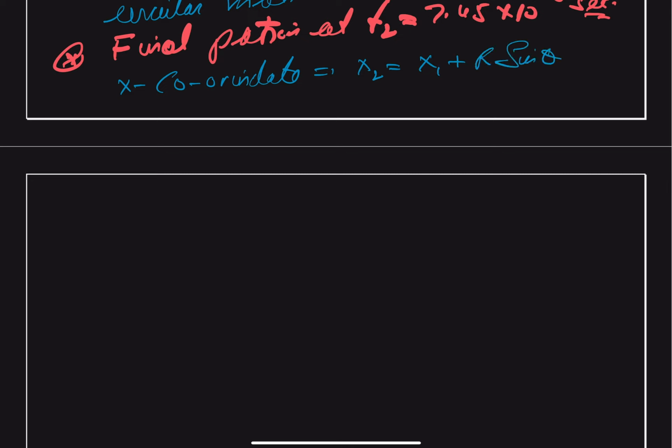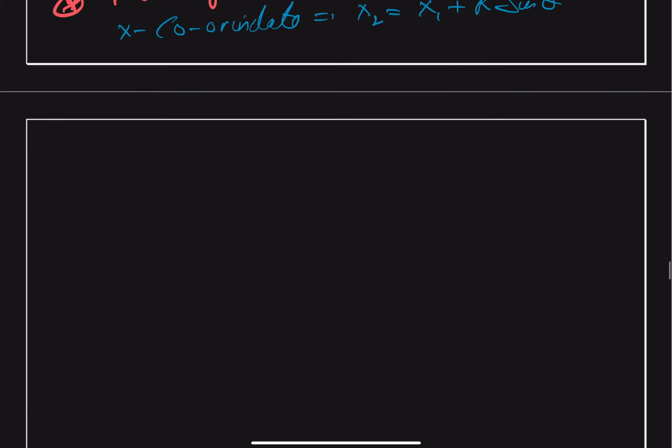Theta we just found out is pi, so sine pi is 0. So we get x2 equal to x1, which is 6.4 meters. And obviously the y coordinate will be 0 because it is in the xz plane.